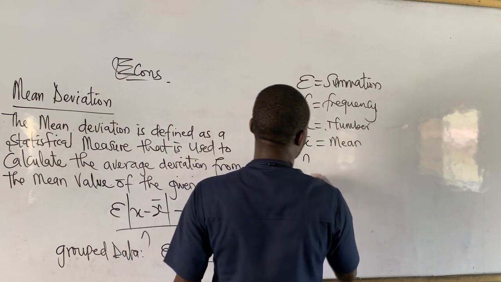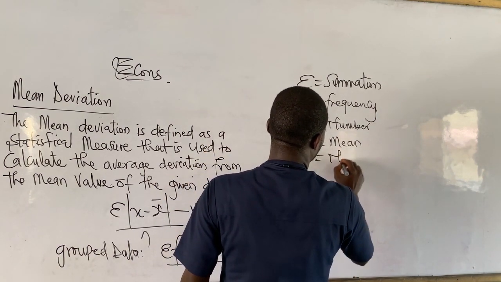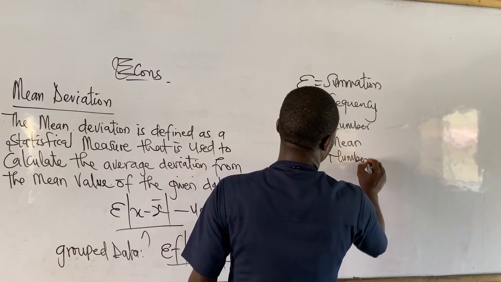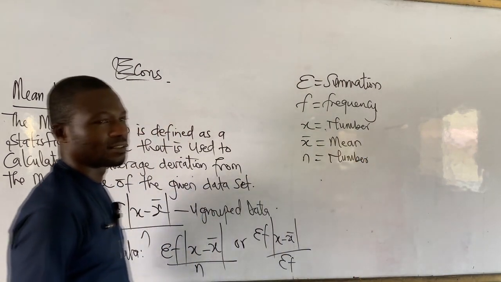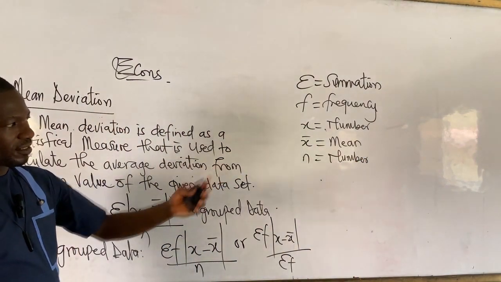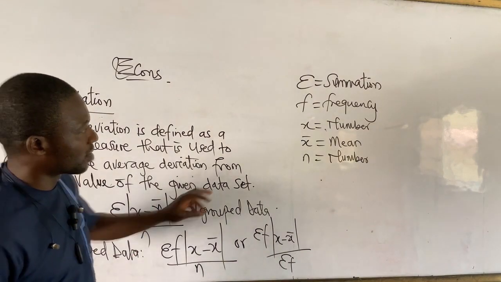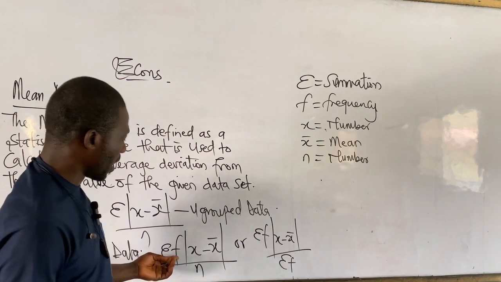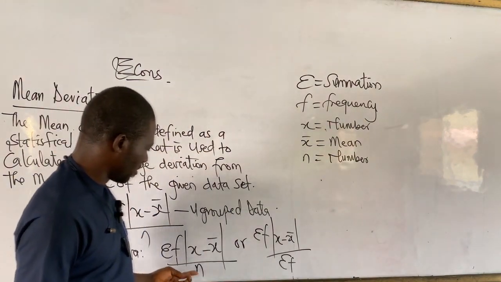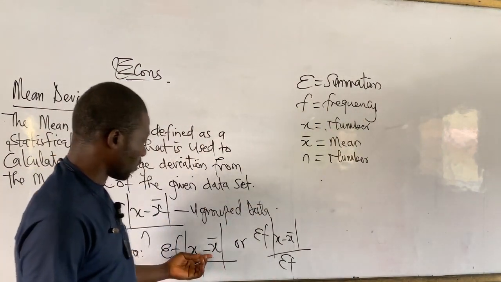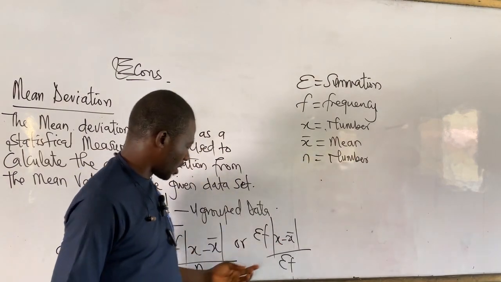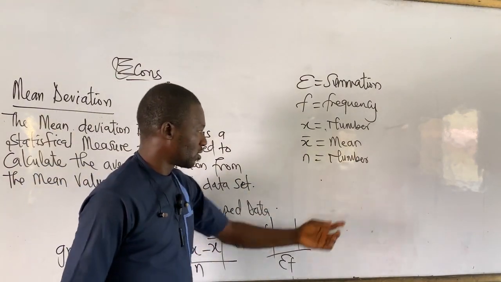Then we also have the n, the same as the number. Yes, I have specified them: for the summation sign, summation. For the f, we have frequency. For the x, we have number. For the bar x, we have mean. And also for the n, we have number.